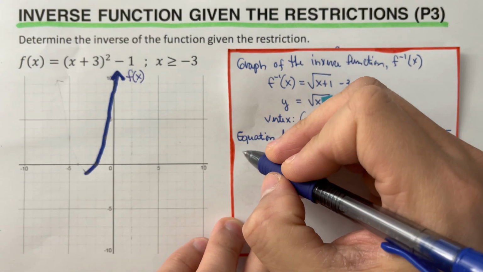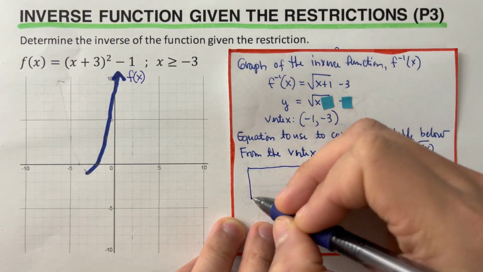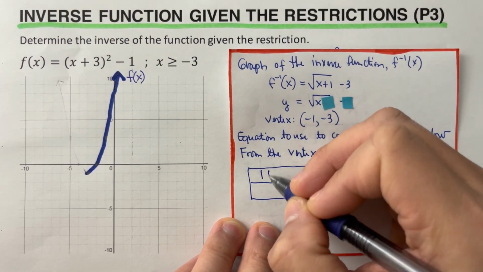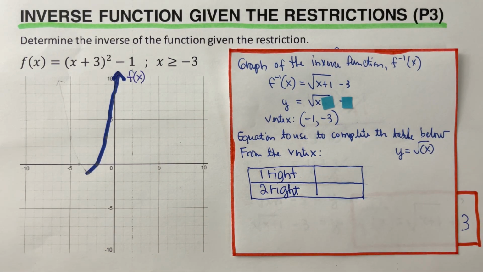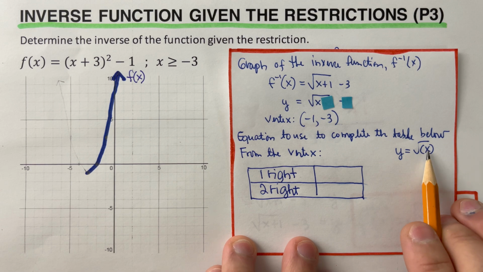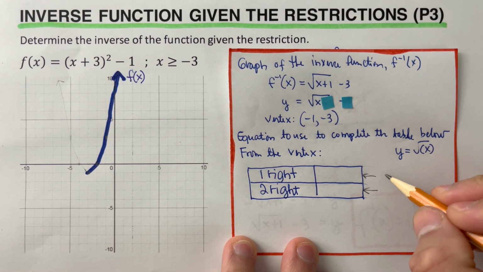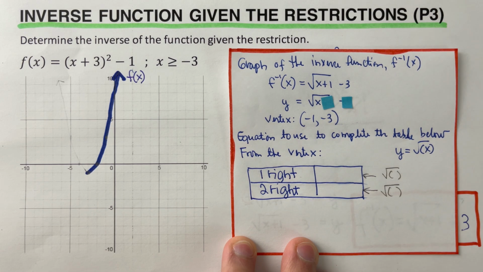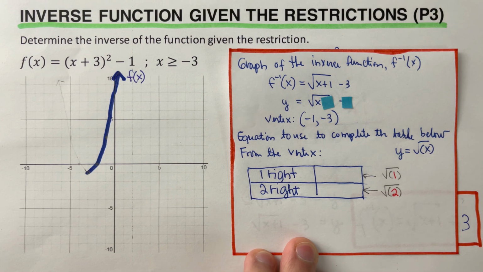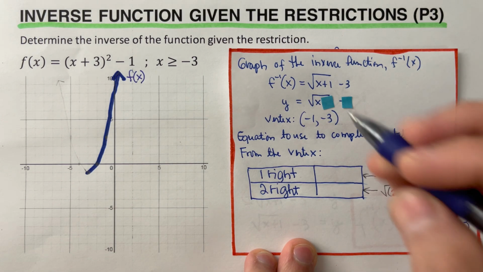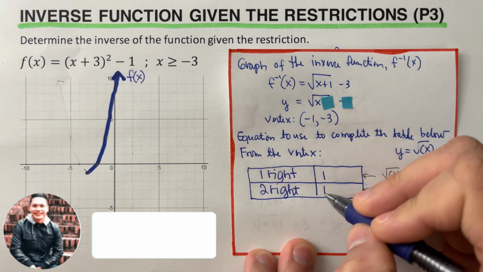So from the vertex, we're going to plug this 1 and 2 into this x right here. So the work that we're going to have would be on the side. So we are going to determine the square root of this. The square root of 1 is just 1, and then the square root of 2 is approximately 1.4.